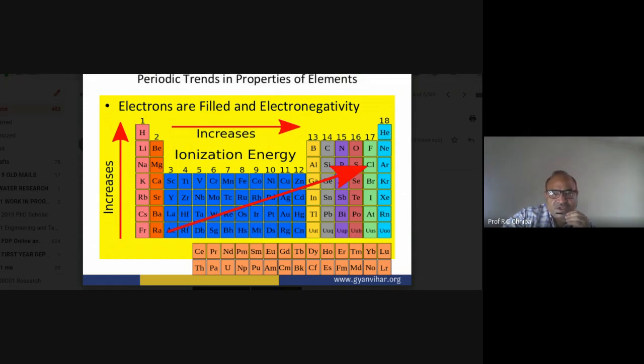One more thing: electronegativity itself is the attraction of the electron in the electron pair. That is valence bonding.